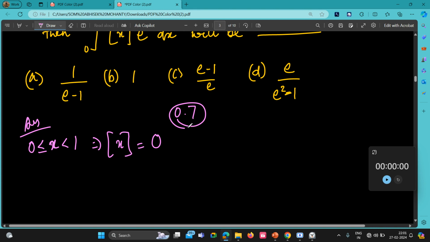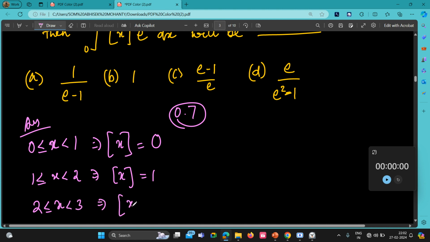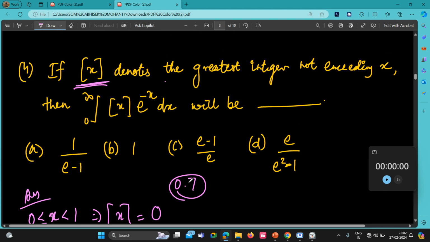So that is what is called the greatest integer value. [x] is equal to 0 for x between 0 and 1. For x from 1 to 2, [x] will be 1. For x from 2 to 3, [x] will be 2. So we will go on like this. And here the limit is 0 to infinity.